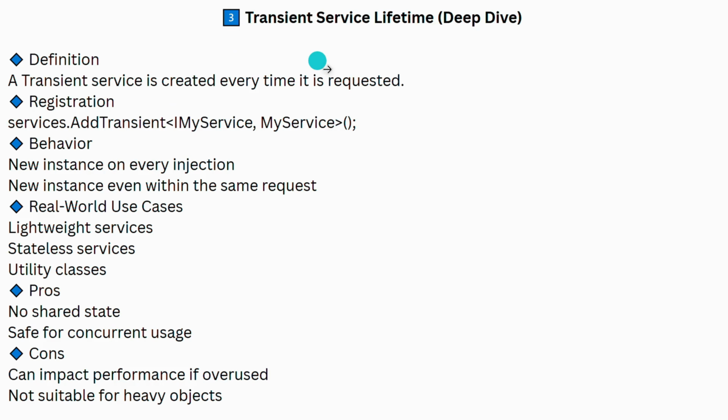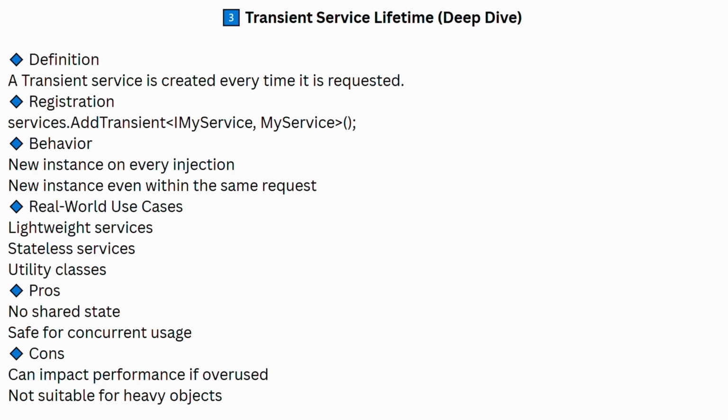Transient service lifetime. Definition: a transient service is created every time it is requested. What this line is saying is that when you inject any service and use any property or method of that particular service, memory will be created and a new instance will be created.